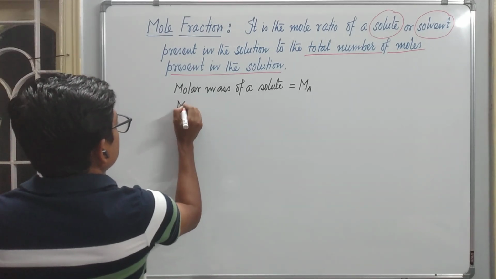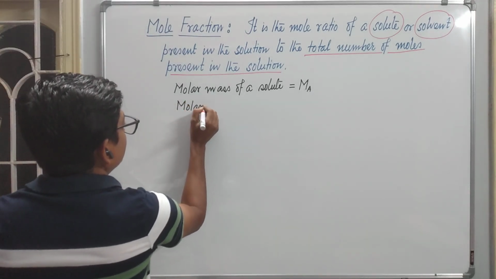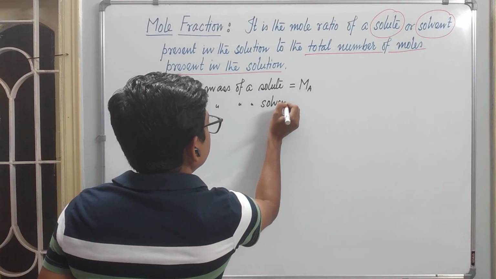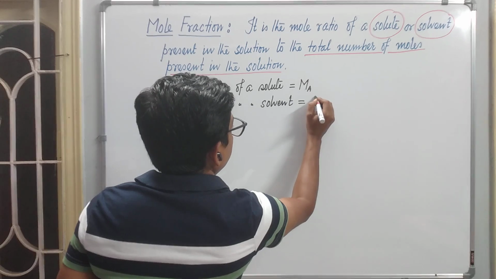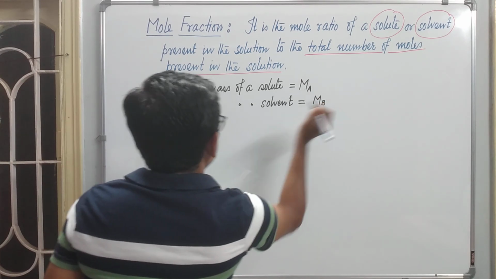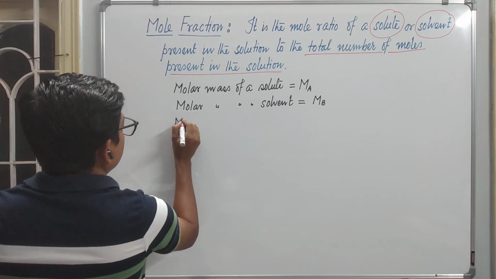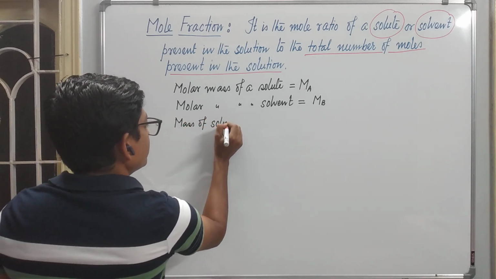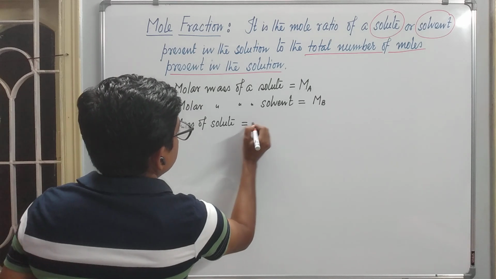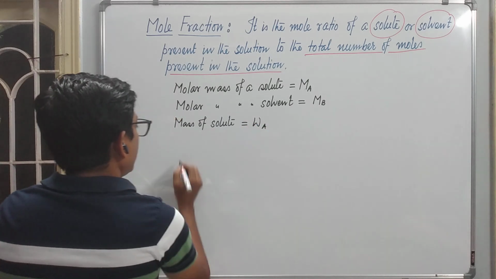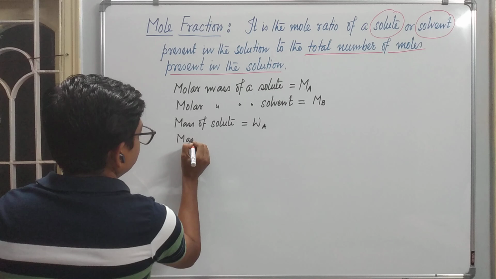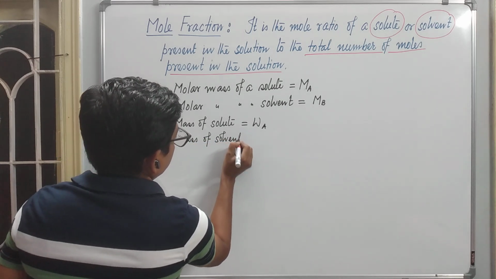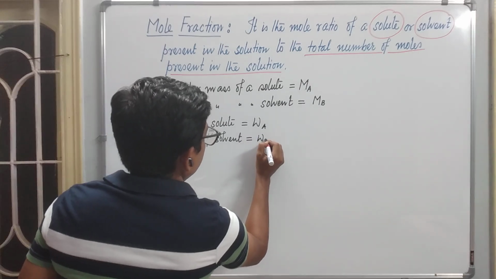Similarly, we can take the molar mass of a solvent, which we are taking as MB. Now, the mass of solute we are taking as WA, and the mass of solvent we are taking as WB.